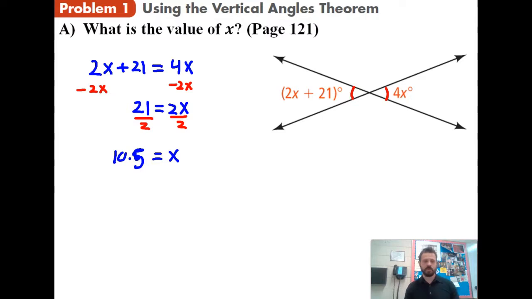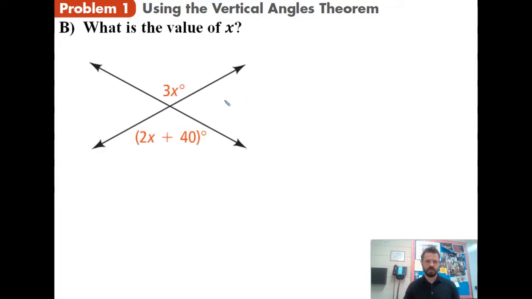There we go. Okay, so pretty simple. A lot of different ways we can use vertical angles, whether it's setting up equations or just solving for angles. The homework will show you some good variations on that. For now, part B is the same idea. I want you to pause the video, work through part B, and then click play to check your answer.